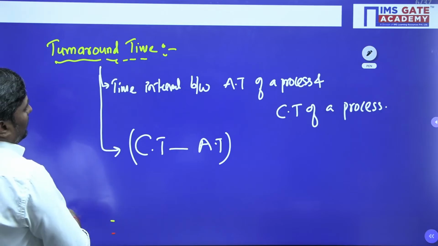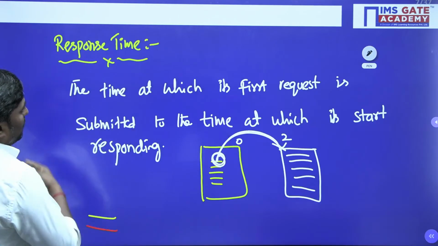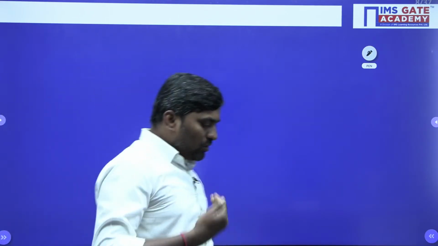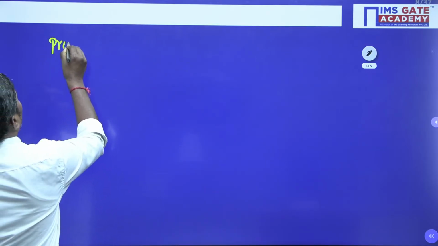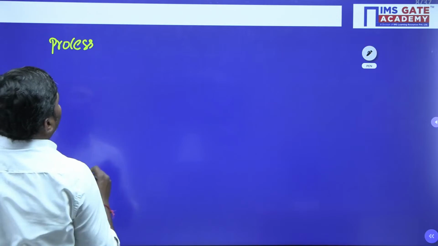Clear? Okay. Now we are going to see the various policies. Just before getting into the various decision making policies to pick a process from the ready queue and assign it to the CPU, let's understand some process times, the various process times which we use during these scheduling policies.